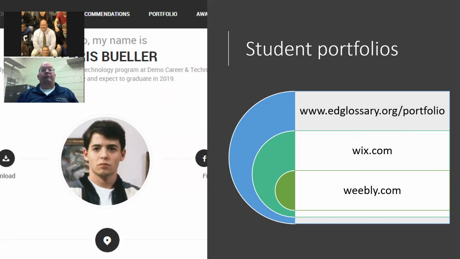So, in addition to digital portfolios, you can also have a hard copy. Maybe you've required the students to keep it in a 3-ring binder because you're old school. So, these are 2 options that you have: digital or a hard copy.